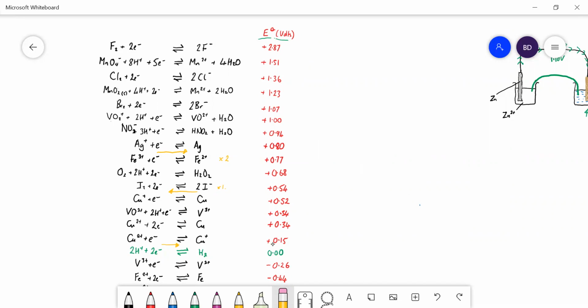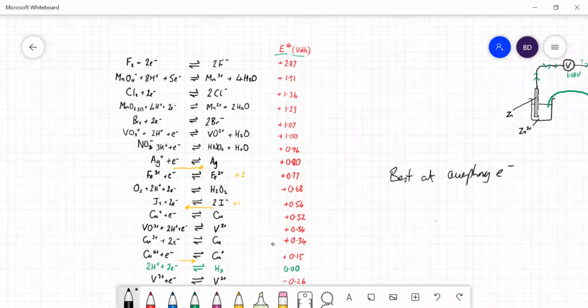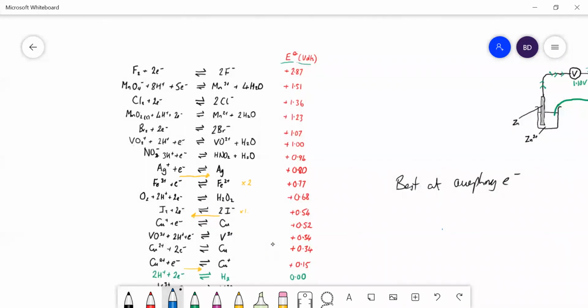Now, which one is best at accepting electrons? Which side accepts electrons, first of all? Right, this side accepts electrons, and this side, if it goes backwards, they're going to give away.